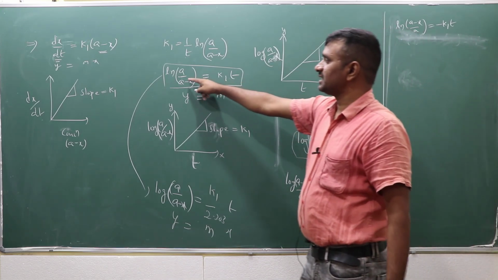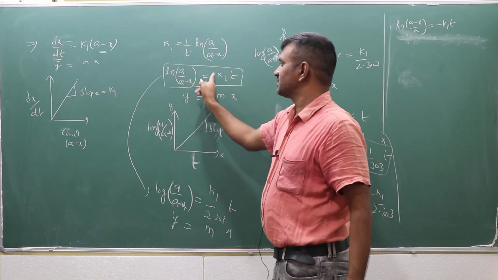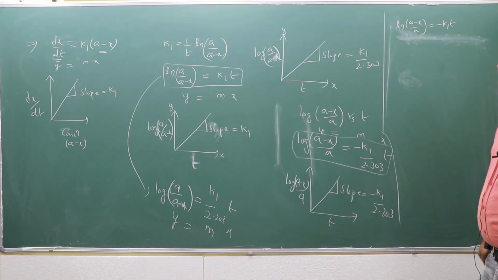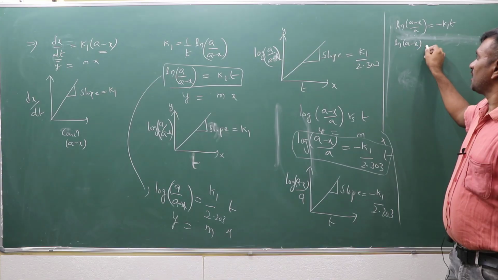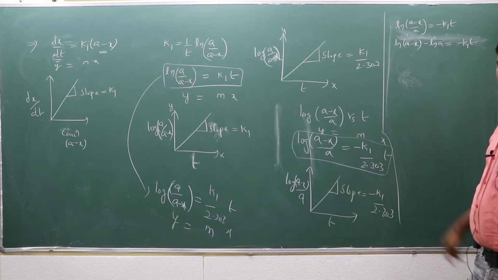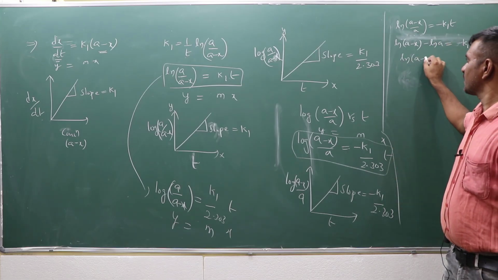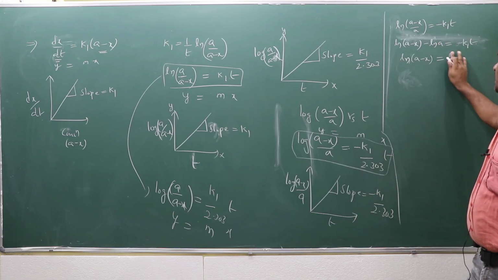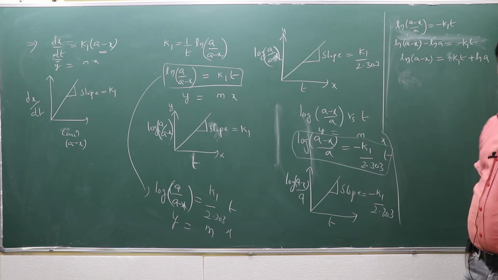If it is interchanged, you can add a minus. So here you can add a minus, shifted to the right side, minus k1 t. So ln a minus x is equal to minus k1 t plus ln a.